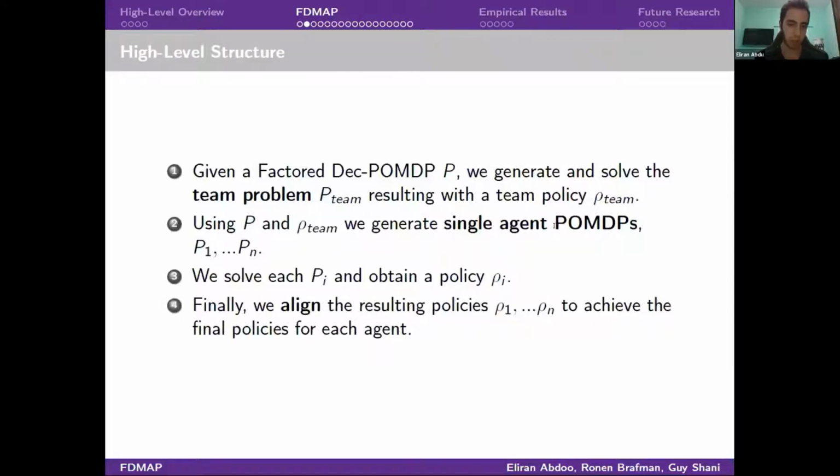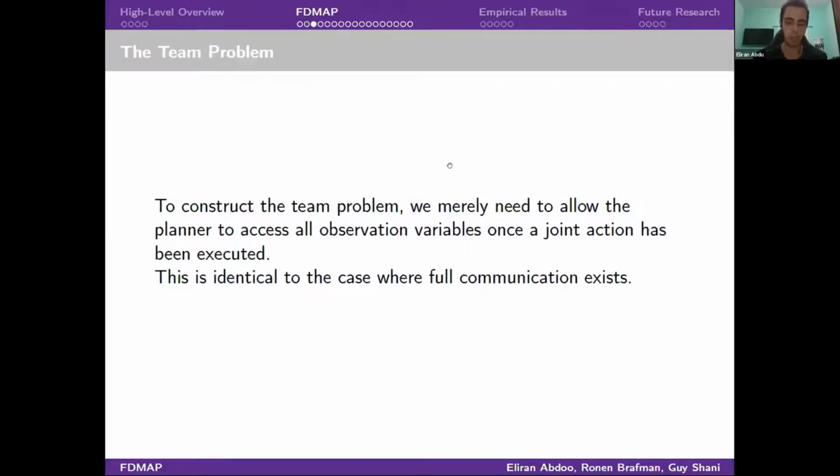Finally, we align those policies that resulted from each solution. These alignments allow us to achieve the final policies for each agent. So we end up with a set of policies, which if we apply to the distributed version, which is the original Dec POMDP P, can actually solve the problem. We'll now go into detail over each of these steps.